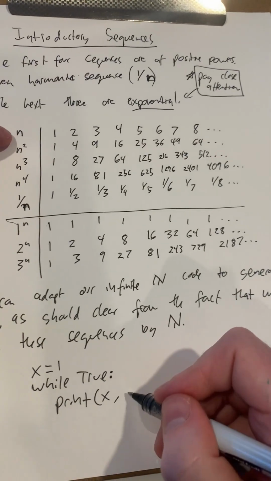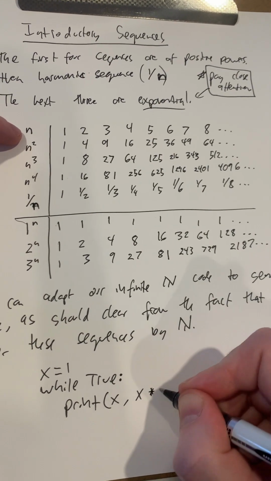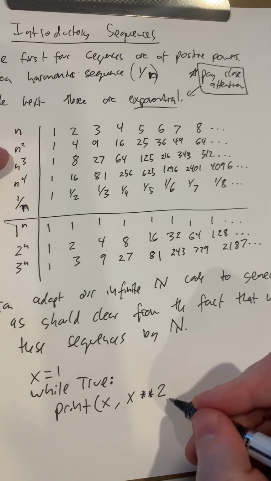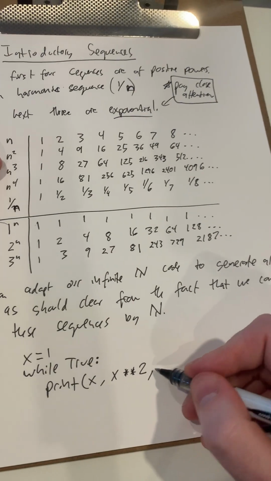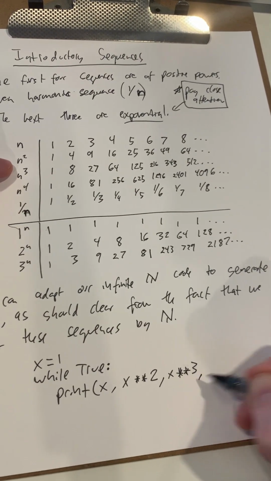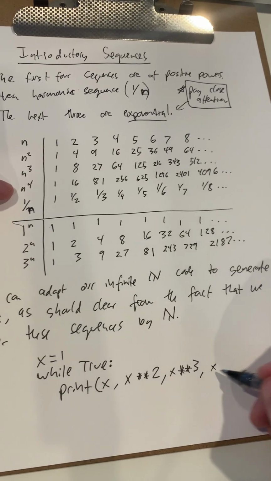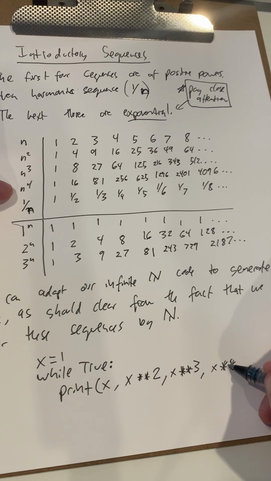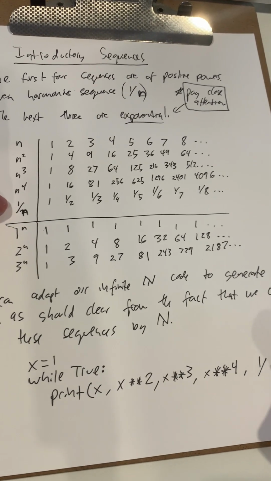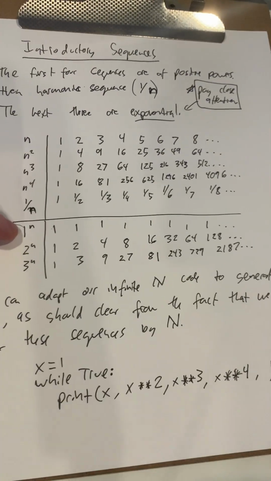Then we're going to print x squared. Then we're going to print x cubed. Then we're going to print x to the 4. Then we're going to print 1 over x.